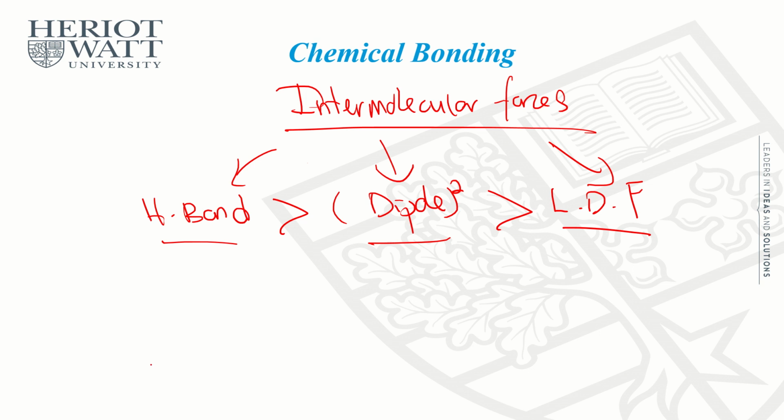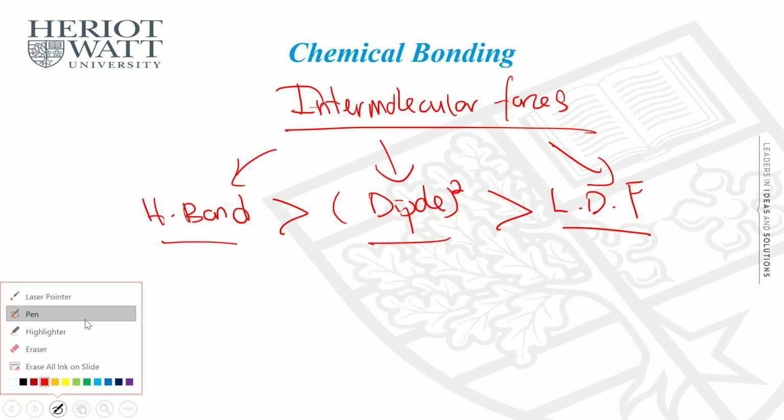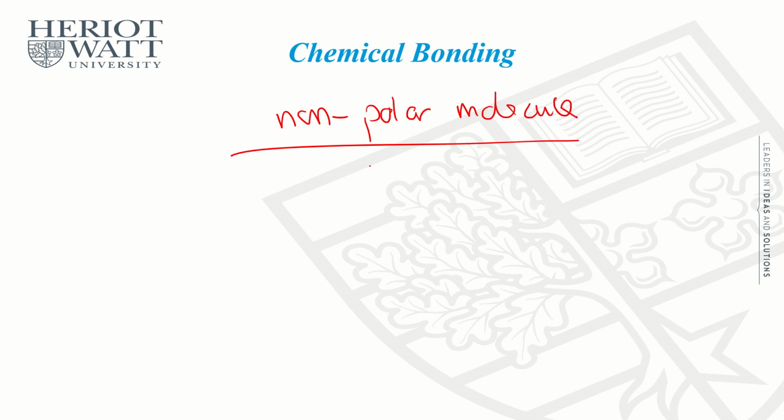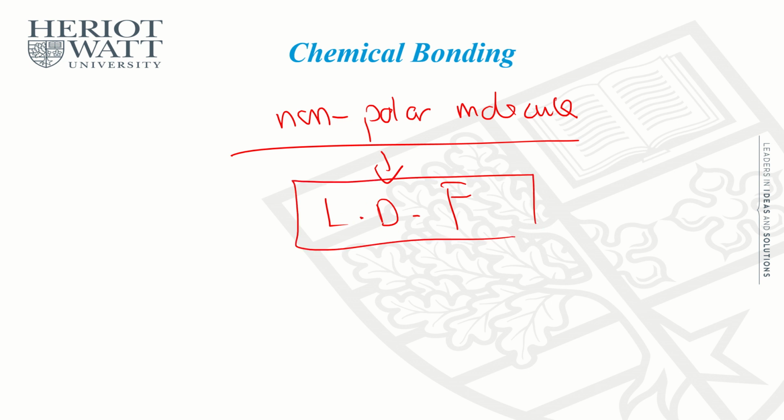All right, so it's very simple. Look, if you have a non-polar molecule, then only London dispersion force exists between molecules. Only this intermolecular force exists between them. If you have a non-polar molecule, that's it. No other intermolecular forces when your molecule is non-polar.